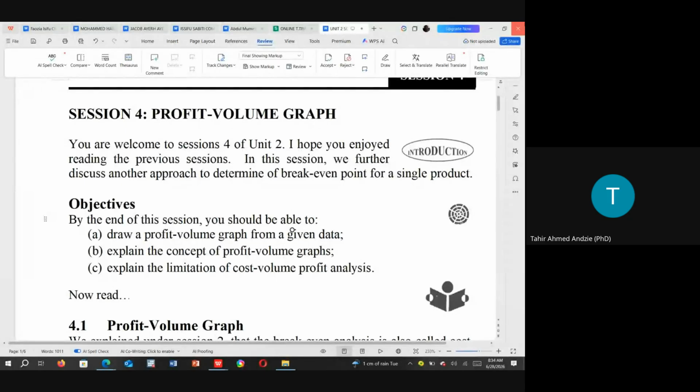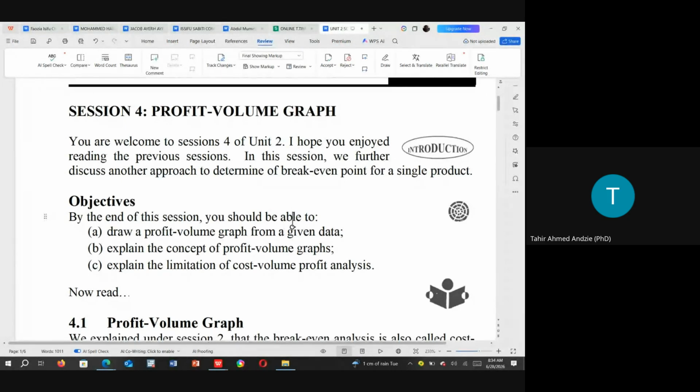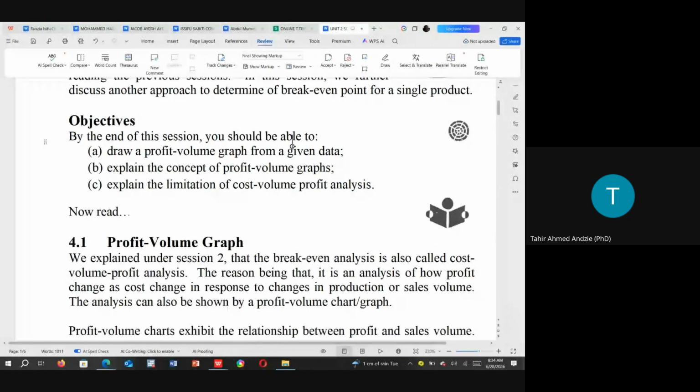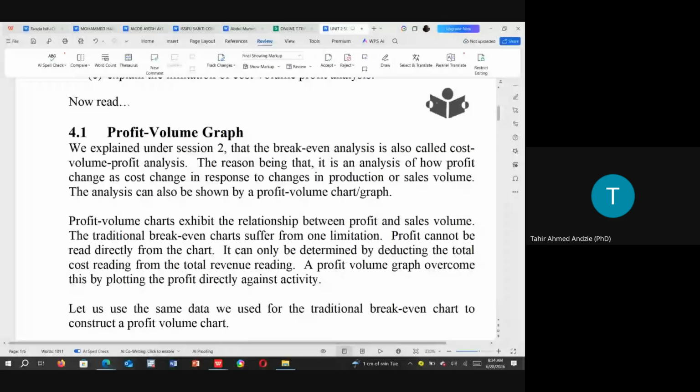So now let's look at this. By the time we finish going through this session, you should be able to draw the profit volume chart from given data and also explain the concept of the profit volume graph and explain the limitation of cost volume profit analysis. Now, we explained under session 2 that the break-even analysis is also called cost volume profit analysis.